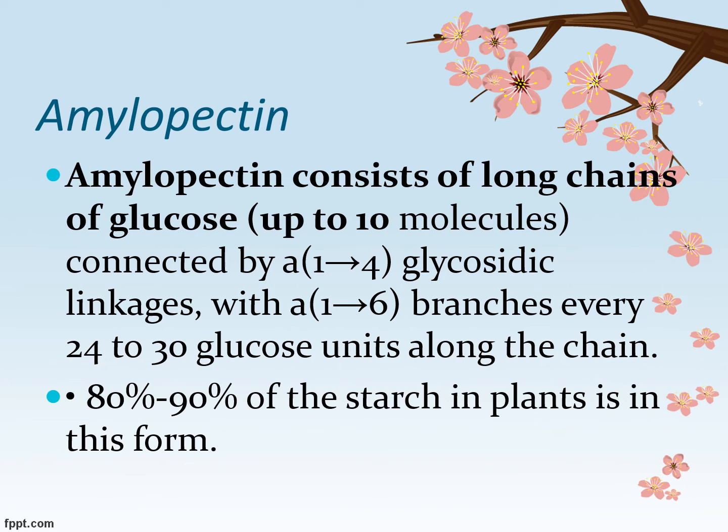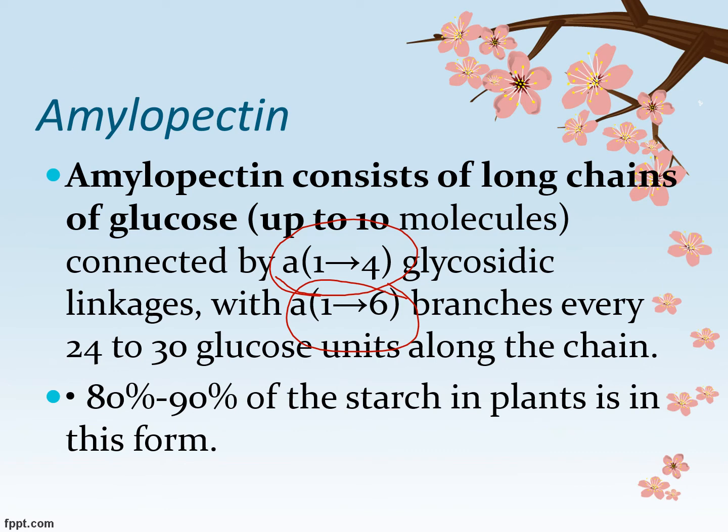Besides having the long straight chain, it also has branches. The straight chain is connected by the alpha 1 to 4 glycosidic link, and the branch is alpha 1 to 6, and this branch forms every 24 to 30 glucose units along the chain.